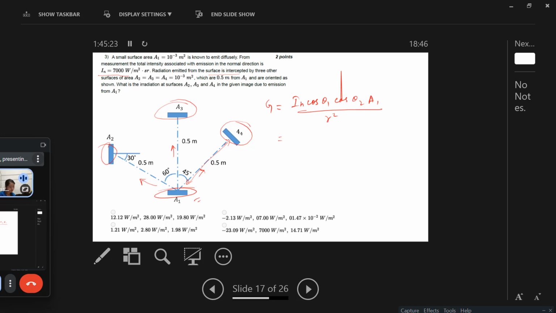Now we just need to find out what are theta 1 and theta 2. Alright. The areas are anyways all 10 to the power minus 3.